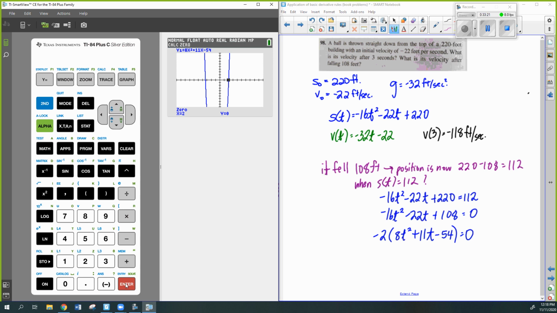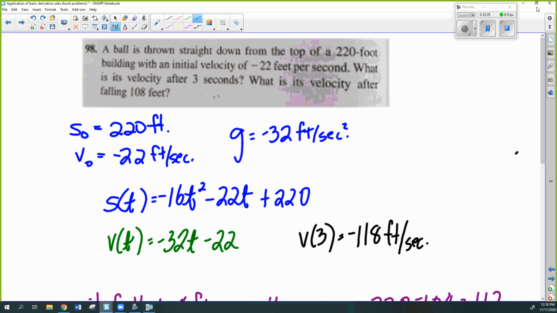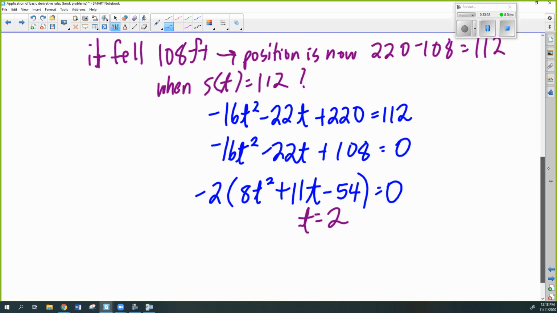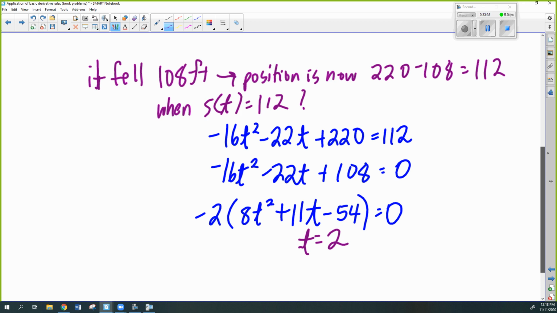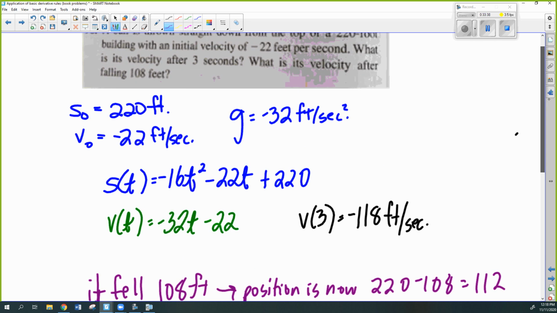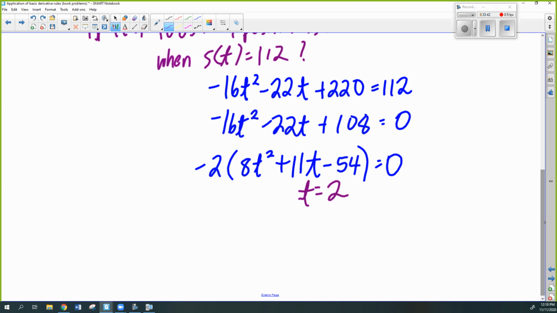All right, so if my 0 is at 2, then I come back over here, and this happens at time 2, right? This happens at time 2, but that wasn't the question. The question was, and I gotta scroll all the way up, what is the velocity at that time? So then I need to find v of 2 to answer that question, okay? Well, did we ever find v of t?